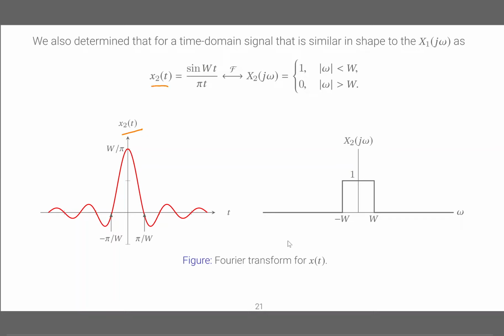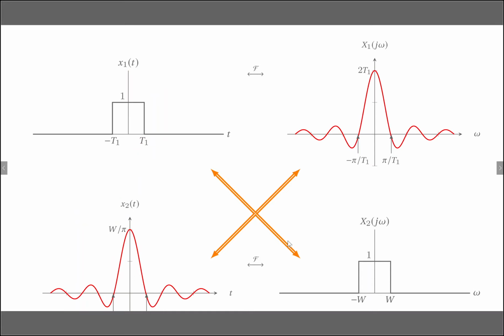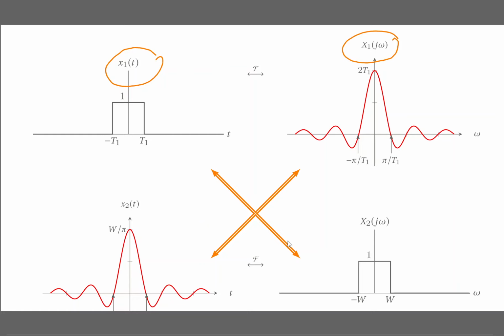So if you have a time domain signal sin(Wt) divided by pi t, its Fourier transform turns out to be this square pulse of width minus W to W. So therefore, the Fourier transform of x1(t) is X1(j omega), and if we construct a time domain signal that looks like this X1(j omega), but now the signal is in time domain, W over pi, there is some scaling factor and so on, its Fourier transform turns out to be like this. This is the duality. So using duality, we can derive theorems.